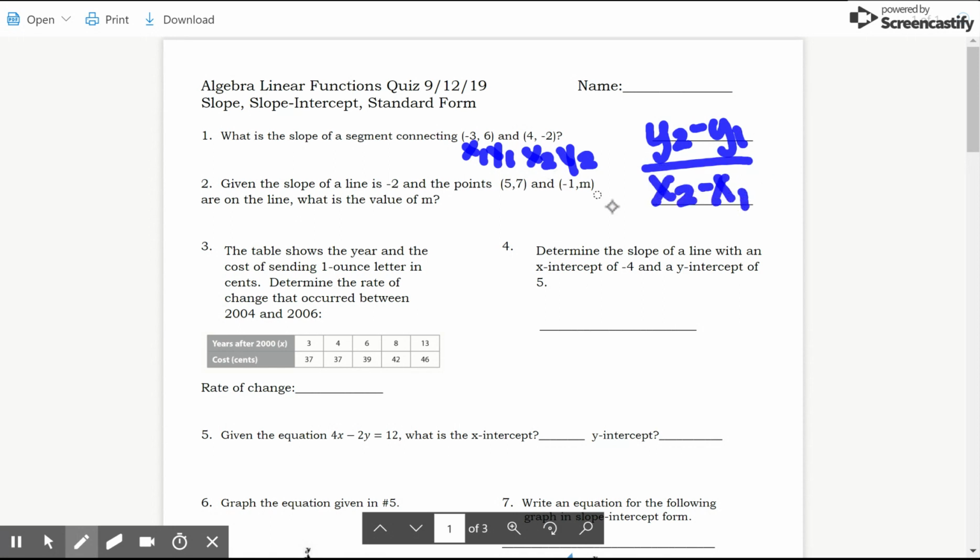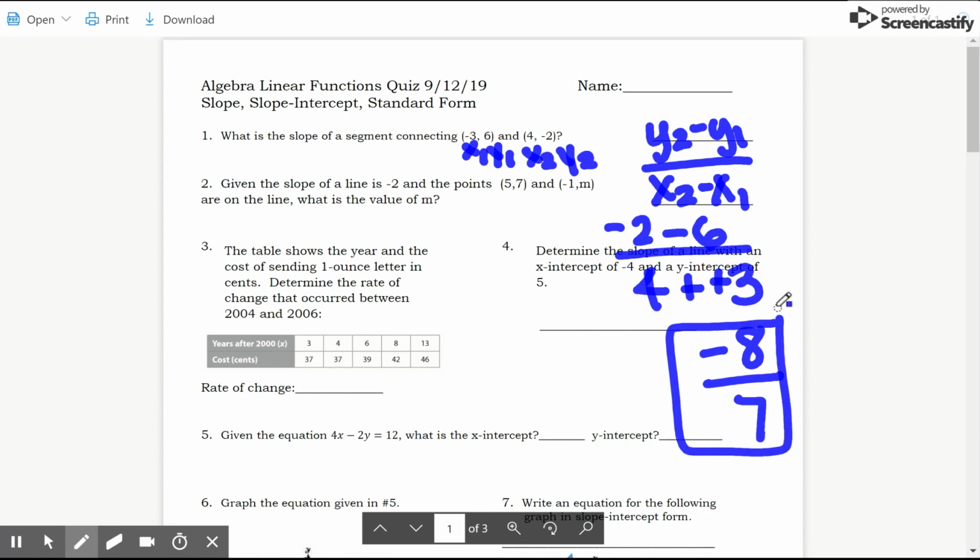So in this case, it would be -2 minus 6 over 4 minus a -3. Negative negative makes it positive, so we have -2 minus 6, which is -8, over 4 plus 3, which is 7. So our slope is -8 over 7.